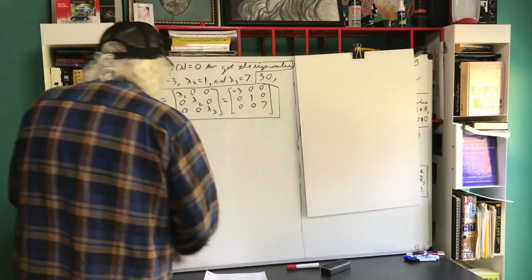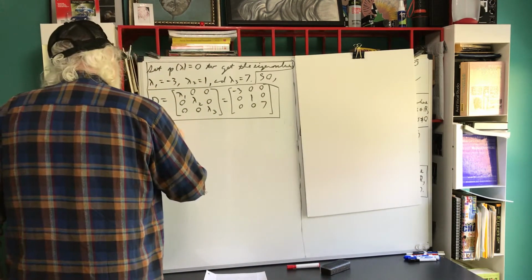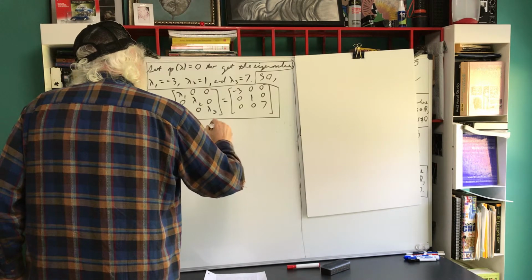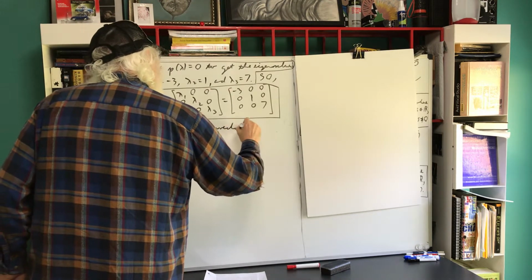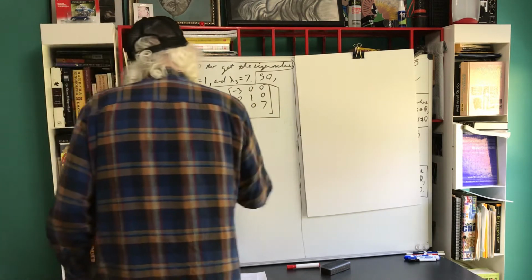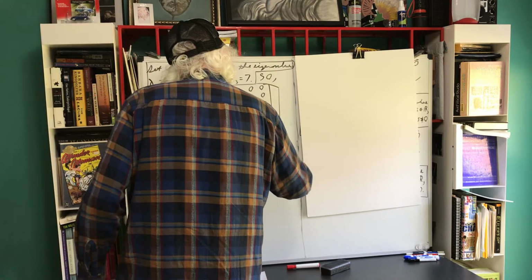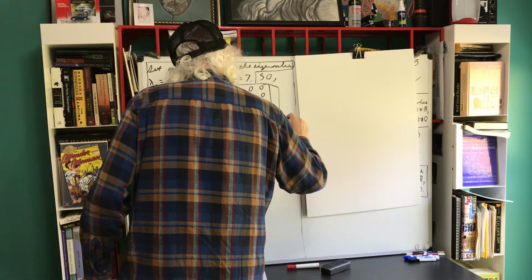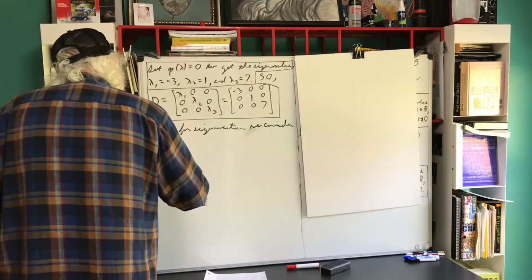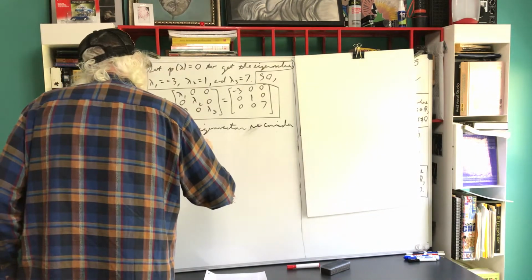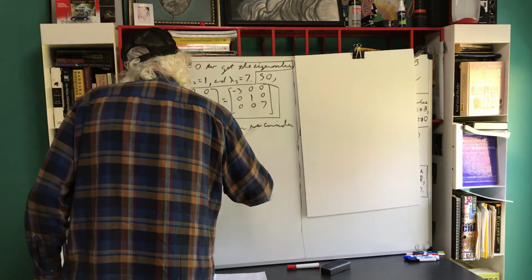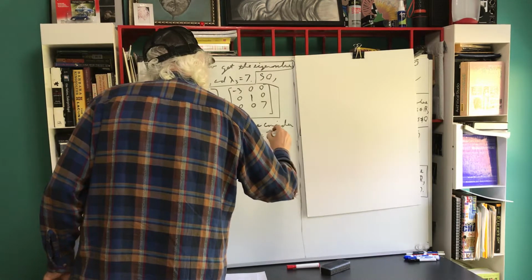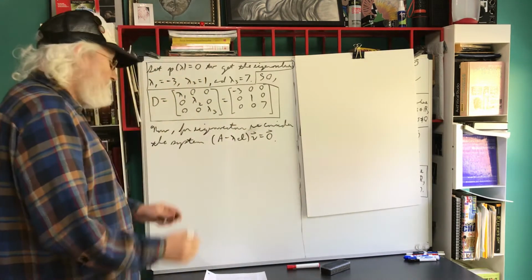All right, so now, with some regret, for eigenvectors. Okay, let's do one of them in detail and we'll just pull the others up. Now for eigenvectors, we consider the homogeneous system of equations, A minus lambda I times vector V equals a zero vector.